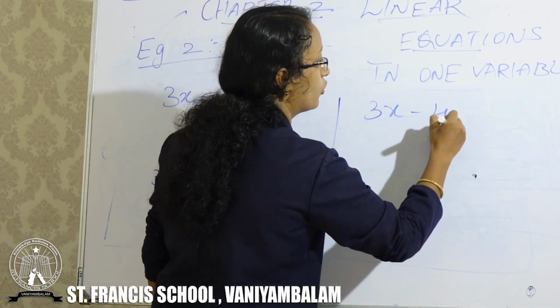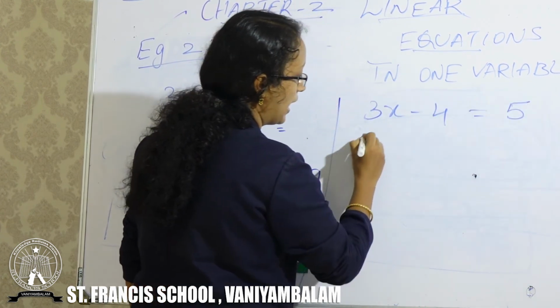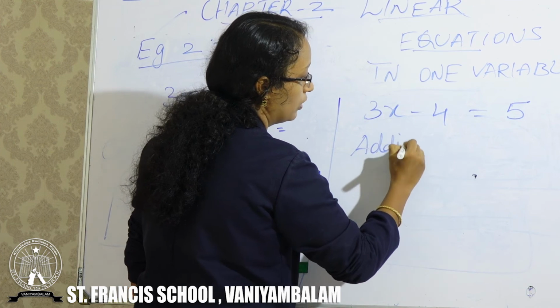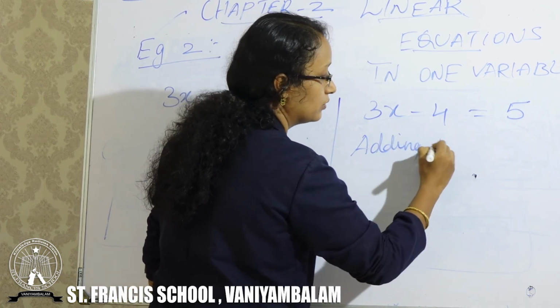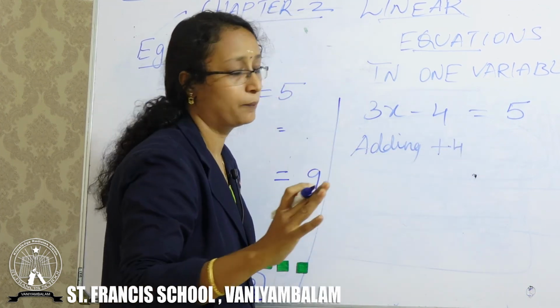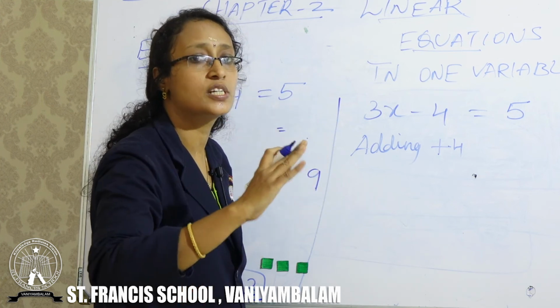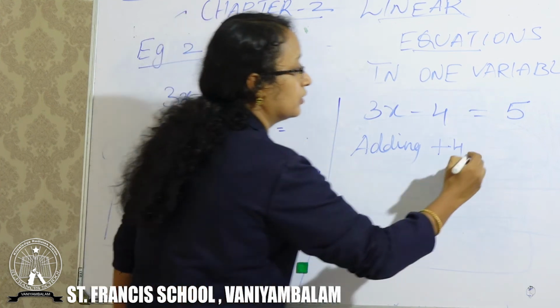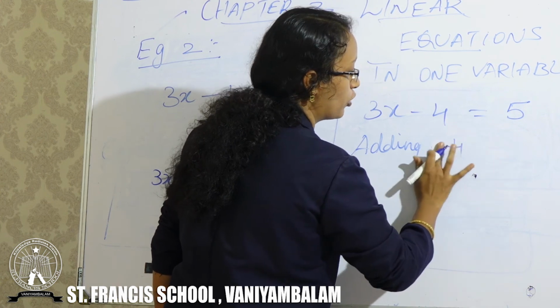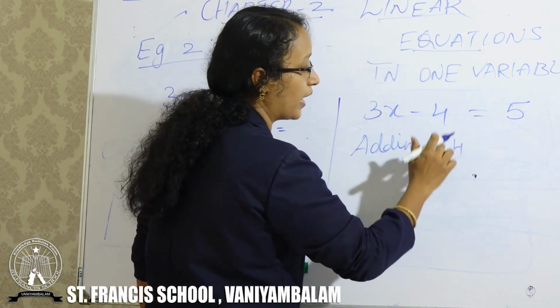Next, the same problem we are going to solve using the first step method. 3x minus 4 is equal to 5. Adding, what are we going to add? Please do remember, children, the equation should not get disturbed. So adding 4 on both sides. If you are writing adding, no need to write the plus symbol.